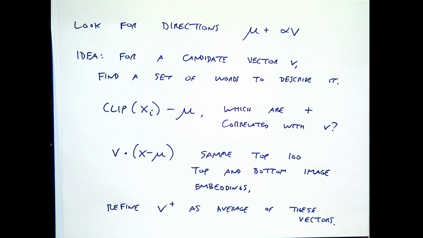And now what I want to do is find a set of words such that this v plus direction in CLIP space is well aligned with a phrase like "a picture of a person with blank," right?